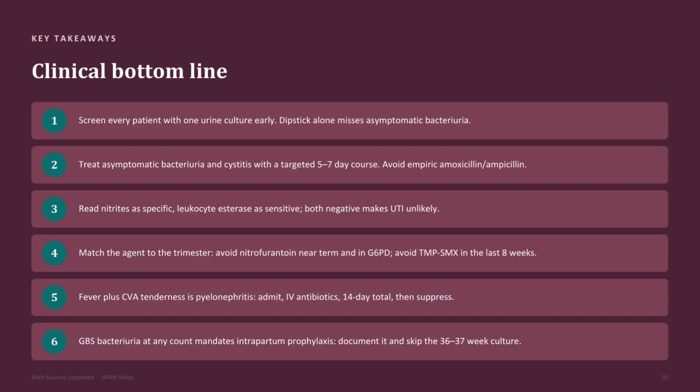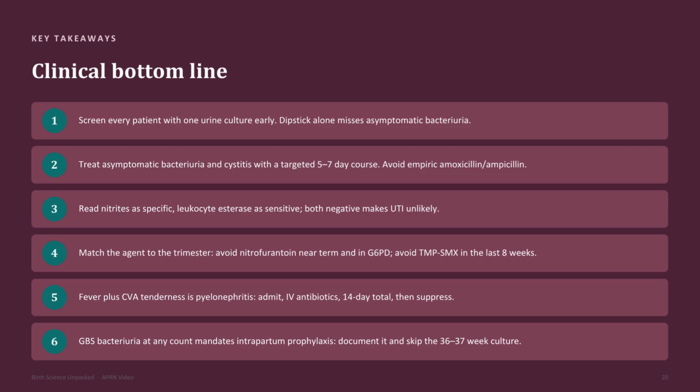All right, so here are 6 things that you can carry out the door right now. Screen once with a culture. Treat asymptomatic bacteriuria and cystitis for 5 to 7 days, targeted, and skip empiric aminopenicillin. Nitrites are specific, leukocyte esterase is sensitive, and both negative rule out infection.